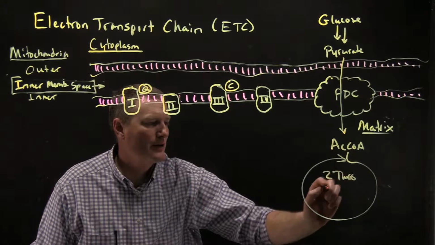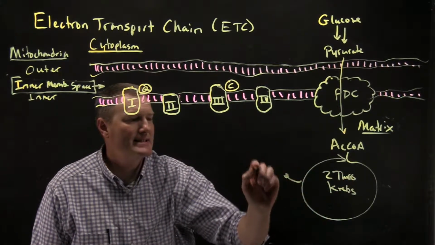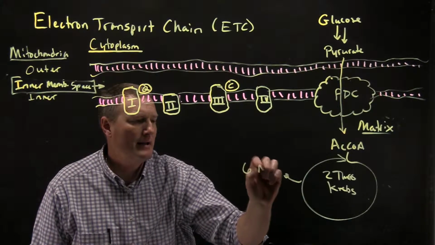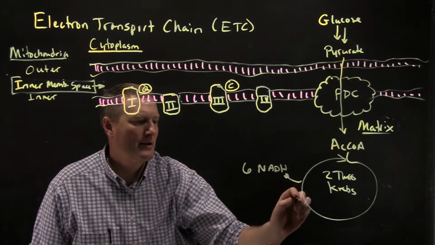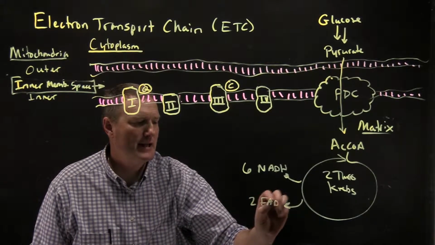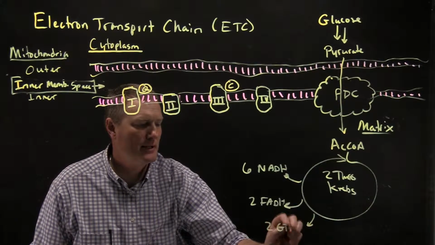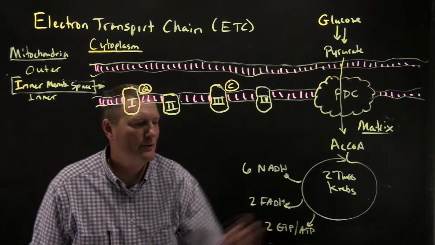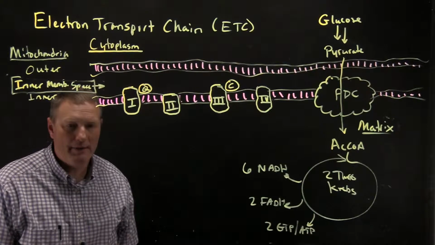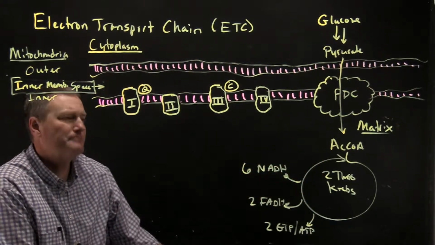So we get two turns of the Krebs, and ultimately we're going to get 6 NADHs. We're going to get 2 FADH2s out of that, 2 turns of this, and then we get 2 GTP/ATP molecules. All right. So we covered that in a previous video, what was happening in the Krebs cycle.